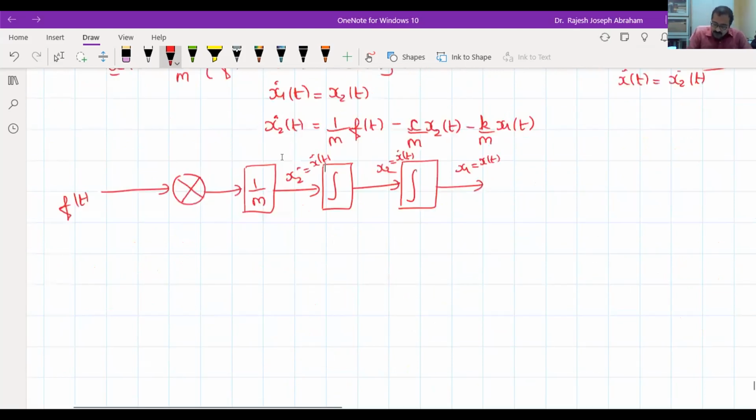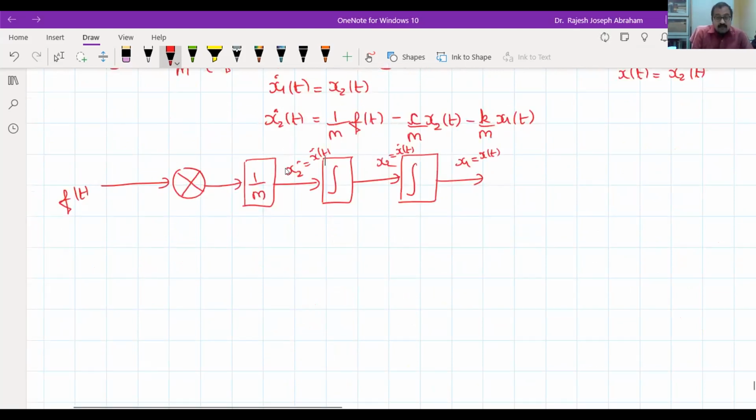Now what next? We have already plugged in the input term f of t, which always comes at positive polarity. Now there should be a signal from x2 at a gain of c, with negative polarity.